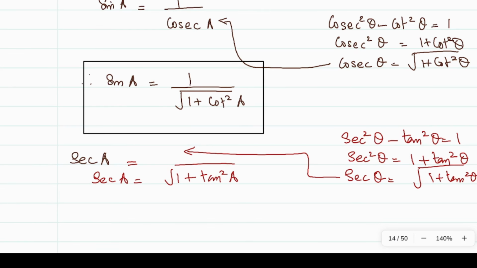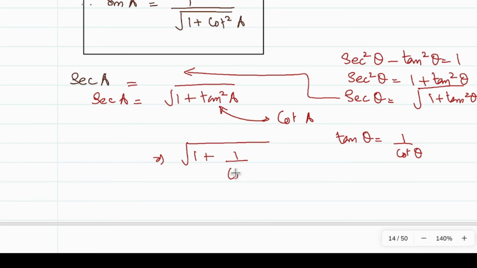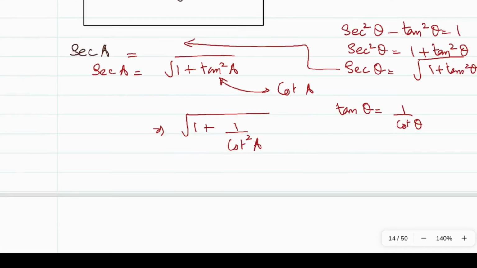Okay, now one more relation, but I have to convert to what? My final answer should contain cot A in it. So what is the relation between tan and cot? Tan θ equal to 1 by cot θ. So what I can do here, therefore I can replace this tan²A by 1 divided by cot²A. Clear?